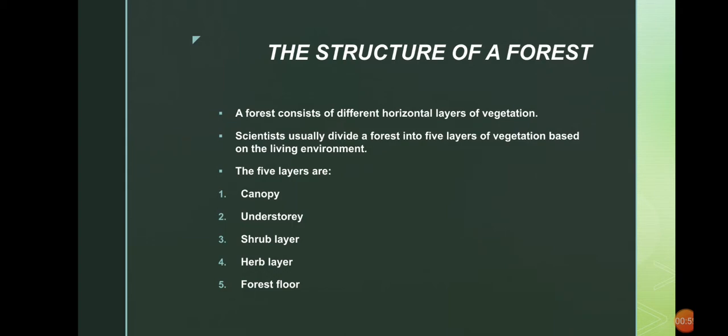First, at the top lies the canopy. After the canopy comes the understory, followed by the shrub layer, then the herb layer and forest floor. The amount of sunlight available in each layer of the forest decides what type of plants grow and survive there. Now we will describe each one of the layers in detail.